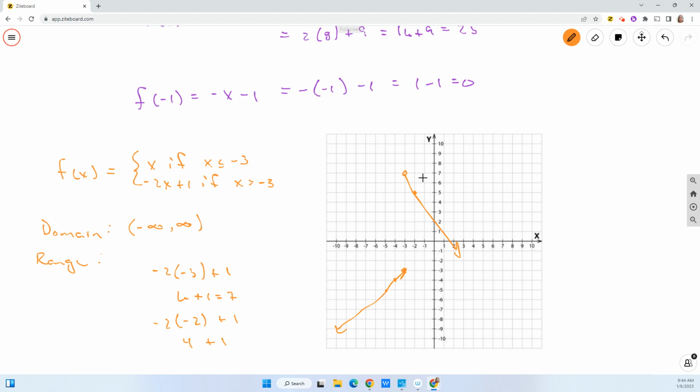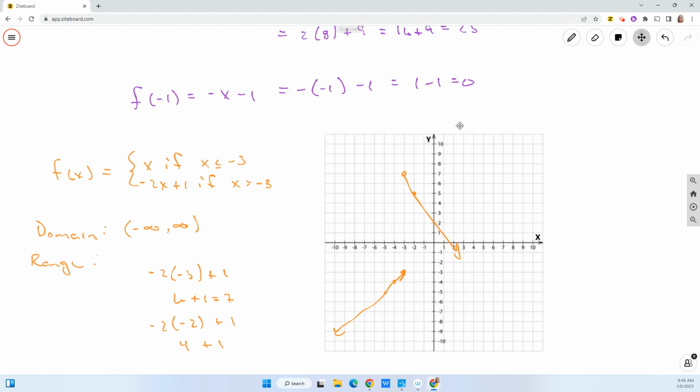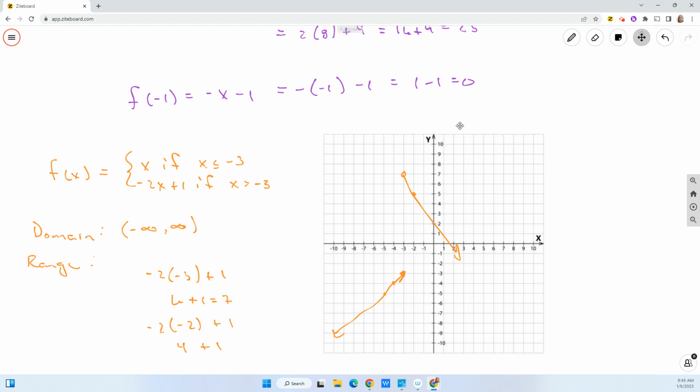And if you look at this in terms of the range, all the possible y values, it's not going to be all real numbers, because based on this and the tendency, this one is going down in this direction and this one is going down in this direction. And you'll notice that it never goes over 7. Nothing's going to make it go higher than 7.